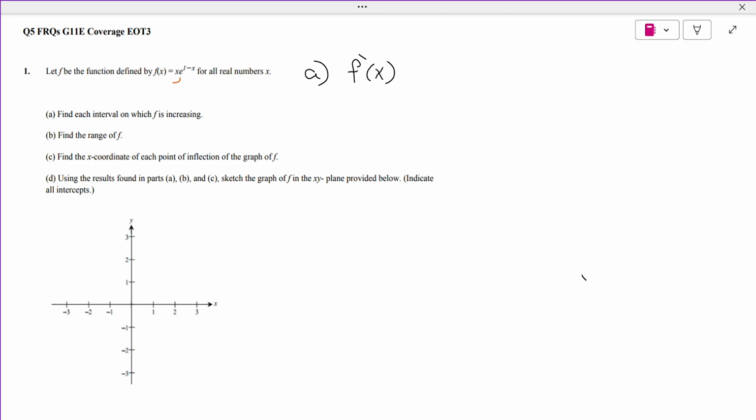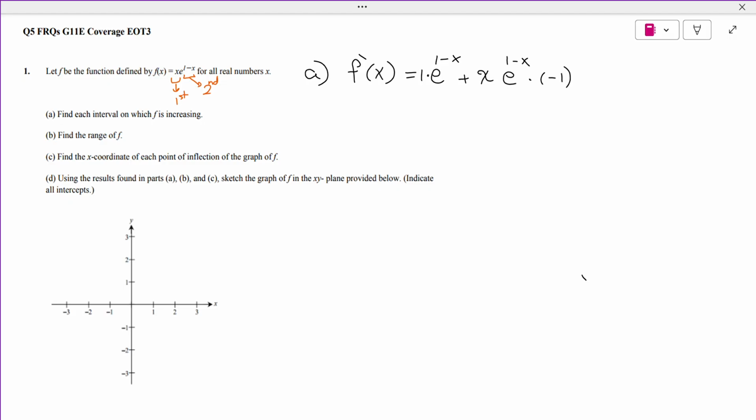We have x as the first and the exponential as the second, so we must apply the product rule. Differentiate the first, which is 1, leave the second, plus leave the first and then differentiate the second. The derivative of e to the power of 1 minus x is e to the power of 1 minus x times negative 1, the derivative of the power.